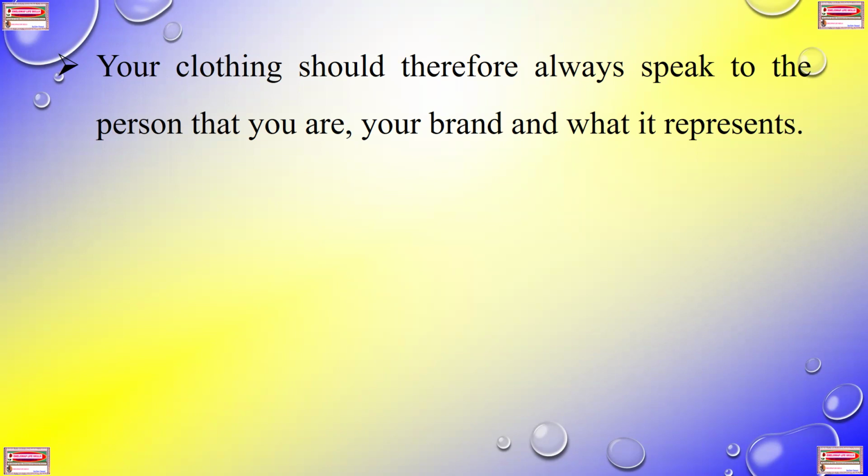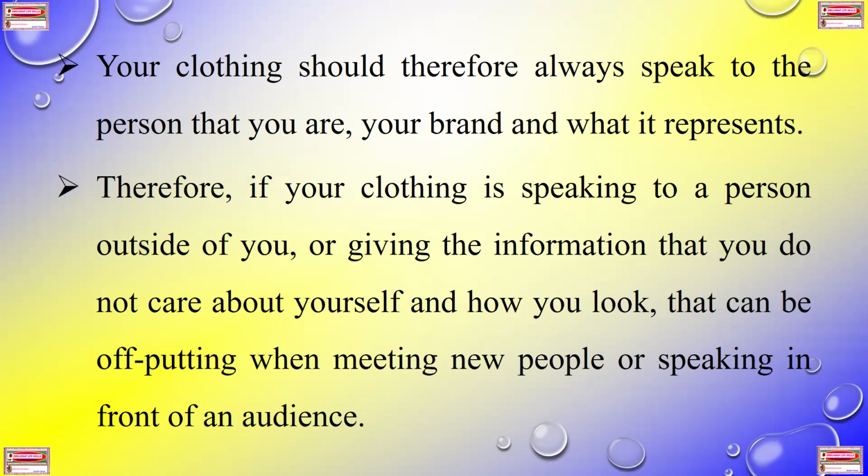Your clothing should always speak to the person you are, your values, your morals, your attitude, your work. Let your dressing speak about even the work that you do, your brand, and what it represents.